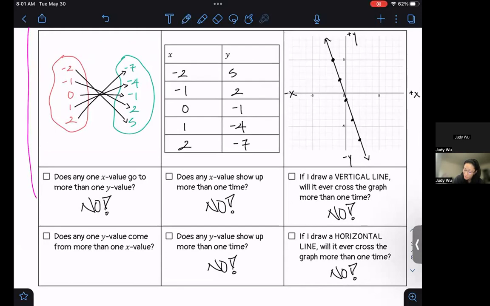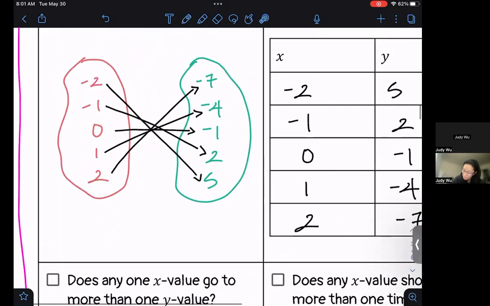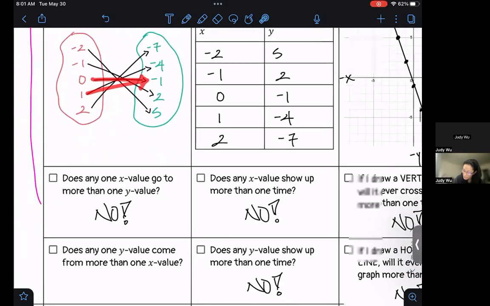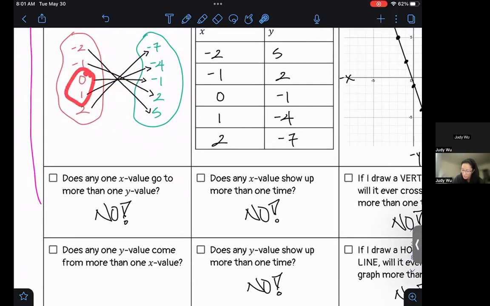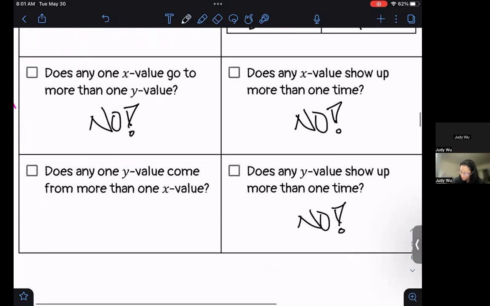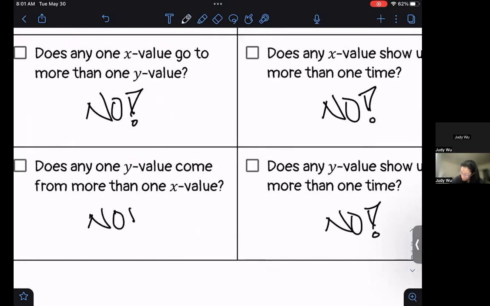In other words, maybe 0 goes to -1, but maybe also 1 goes to -1, something like that. Does any one y value come from more than one x value? So these two going to that -1 would be a yes, but if we look at our diagram, every y value only comes from one x value, so our answer is no.